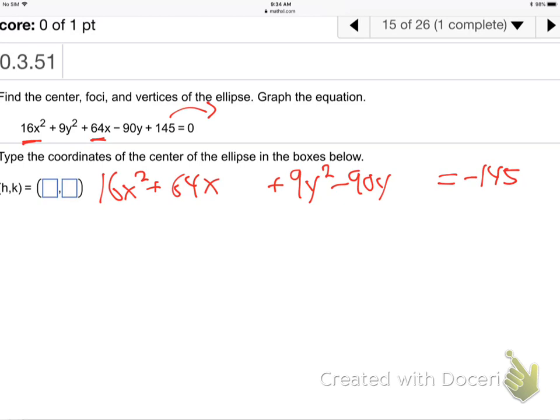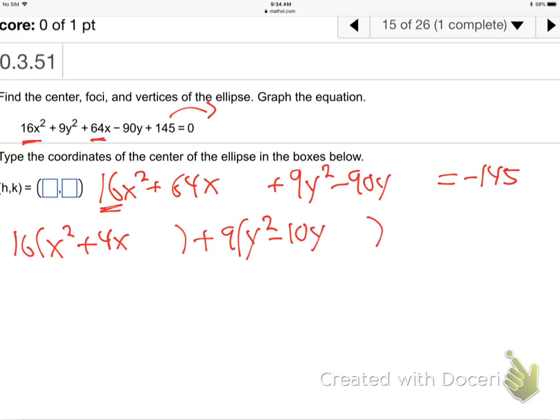Is that good? So we've got to organize the stuff, and then you've got to factor out that 16, right? Factor out that 16, and leave a blank. And factor out the 9, leave a blank. Good there so far? I'm assuming you did all that already.